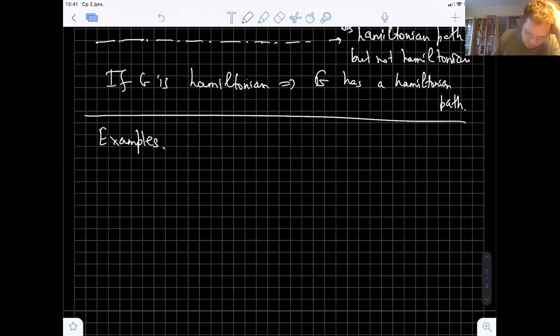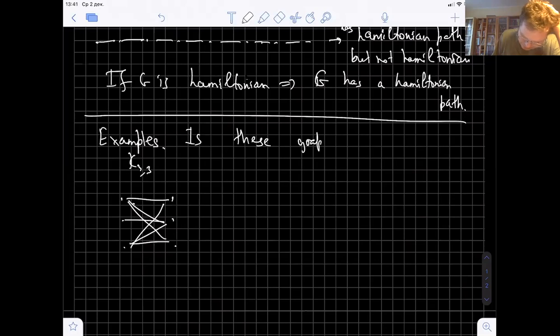We can start from the graph K33 that we made before, the complete bipartite graph.